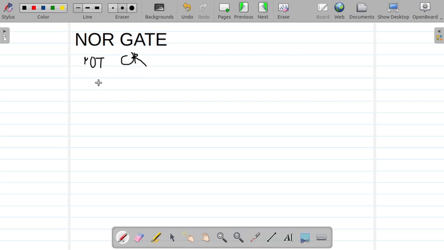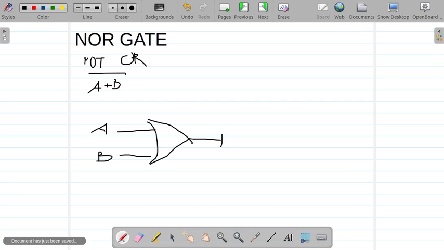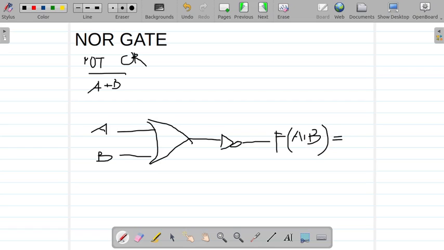So A plus B, then inverted. With variables A and B as inputs, you first OR them, then you invert the output. So its function with variables A and B is just equals to A plus B, then inverted.